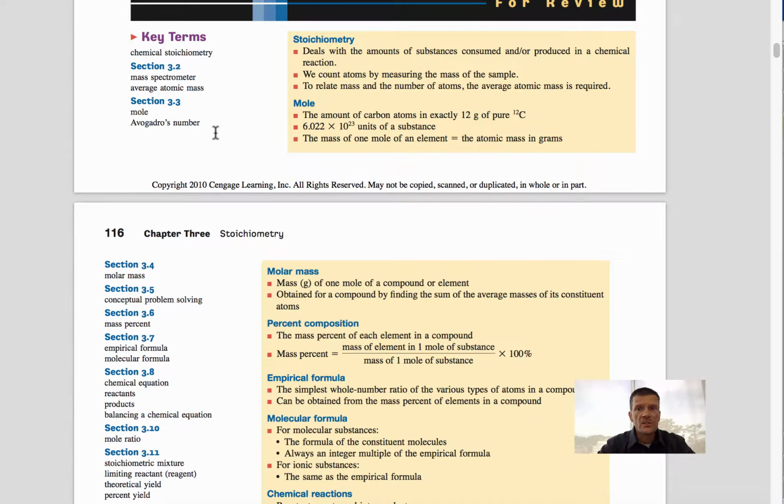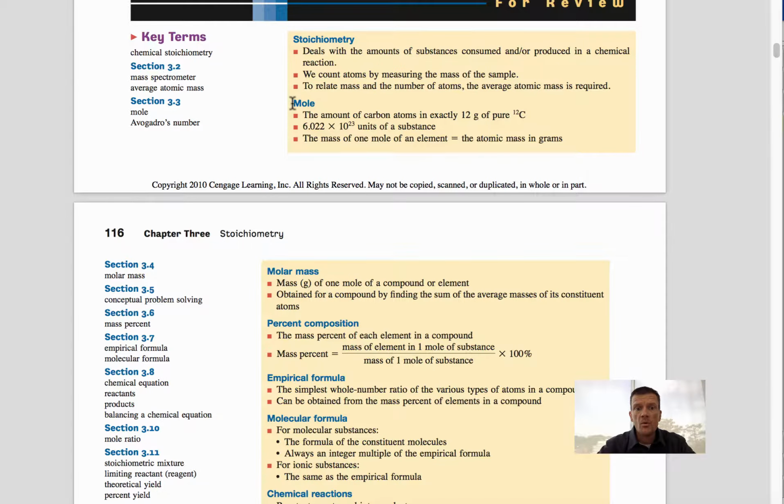So you'll notice here in the topics that are covered in week 3, stoichiometry is dealing with the amounts of substances that are basically going to be involved in a reaction. So you will calculate how much of a reactant you need, how much of a product is made, how much of something is consumed or produced. So very, very critical in the study of chemistry.